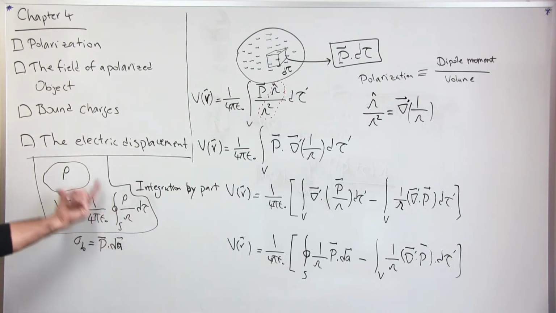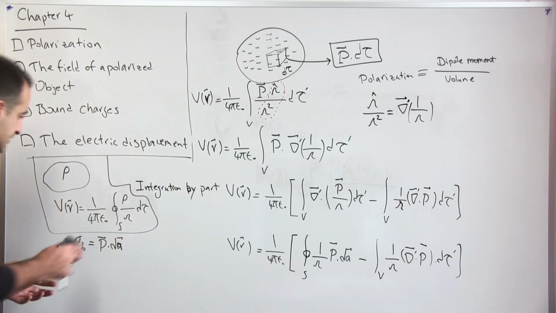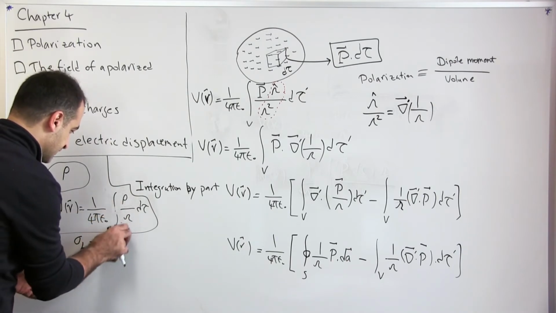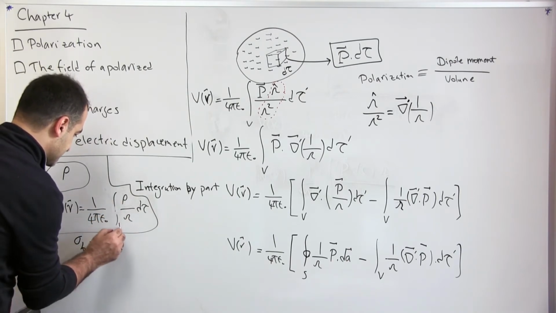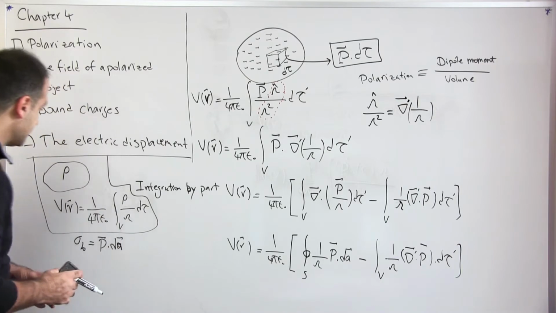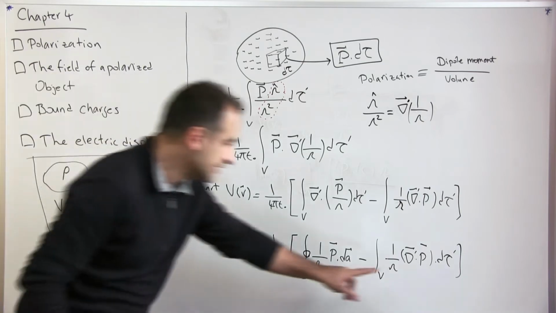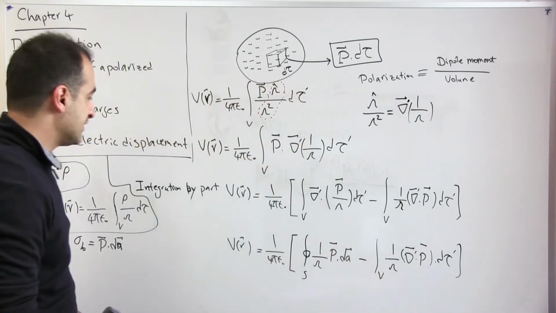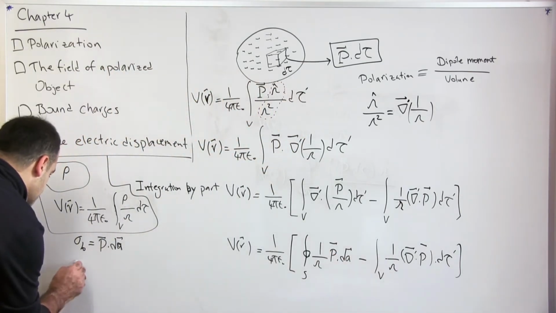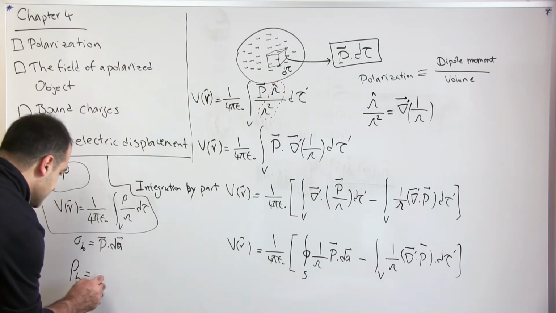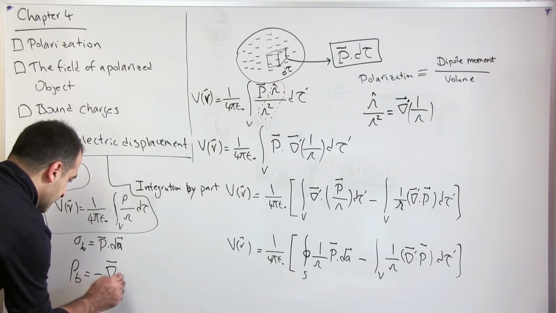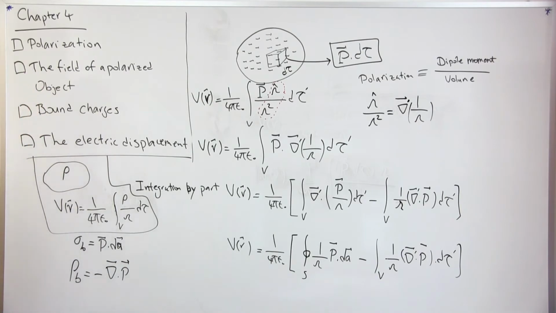So this is how you calculate potential from a volume charge density. Of course, the integral is over the volume, not the surface. And this has a very similar shape as this equation, with the difference that the volume charge density should be the negative of the divergence of P.